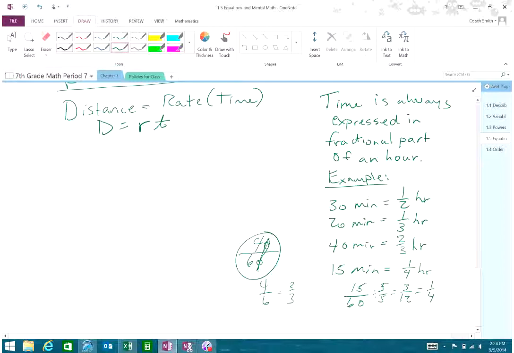So to make it a fraction, all you have to do is put the amount of minutes that you have over 60. And that will give you how much of a fractional part of an hour it is. The reason I say that is because of this. Let's say that I go 50 miles per hour, and I want to know how far I go in 15 minutes. Or better yet, 30 minutes. So in 1 hour, if I start here, and that represents 0, and this is 1 hour.